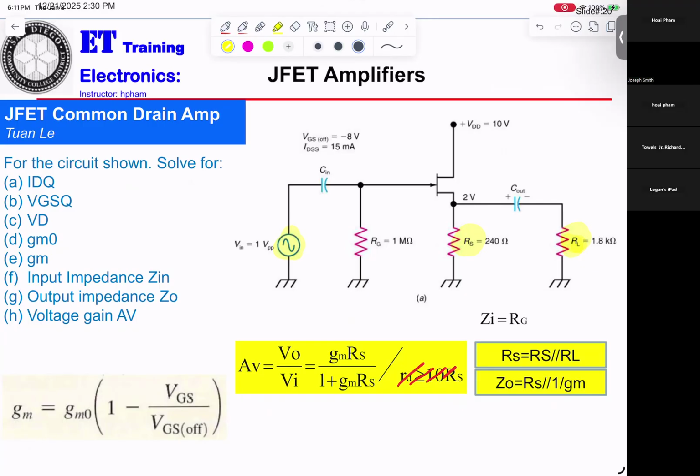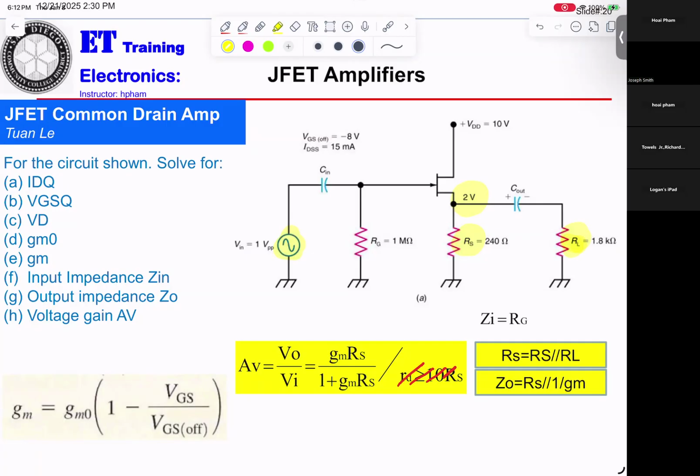So that's why they gave you Vs equal to 2 volts. If you get Vs, then you can calculate the IS, and IS and ID are equal.